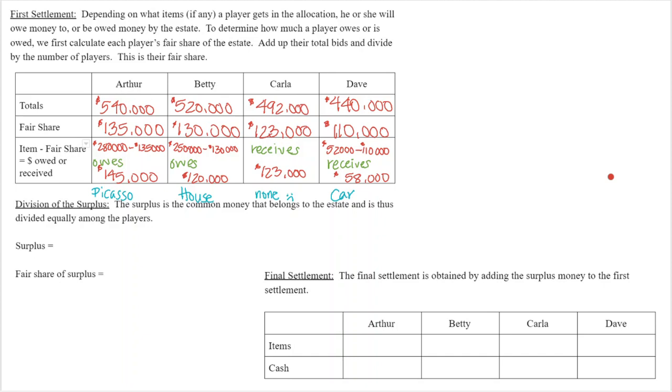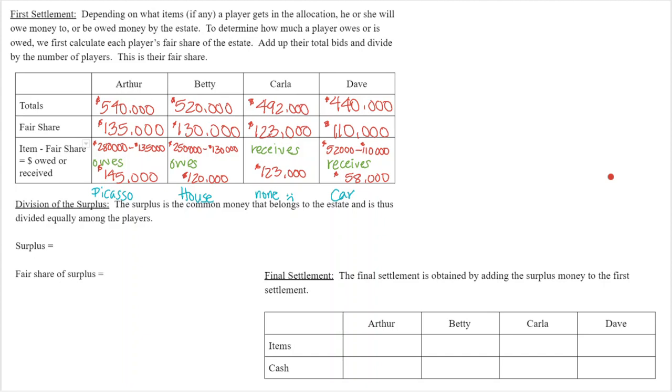And then Dave got the car, which he valued at $52,000. His fair share is $110,000. So he has gotten less than his fair share, so he deserves some of that in cash. So he should get $58,000 in cash.